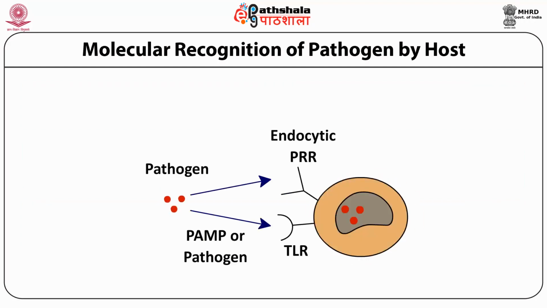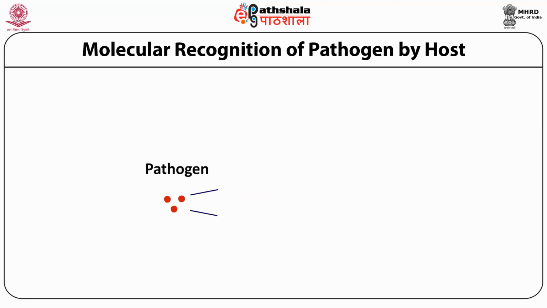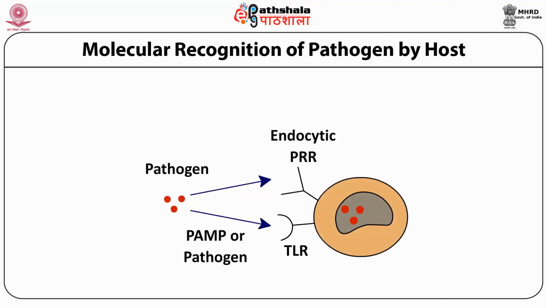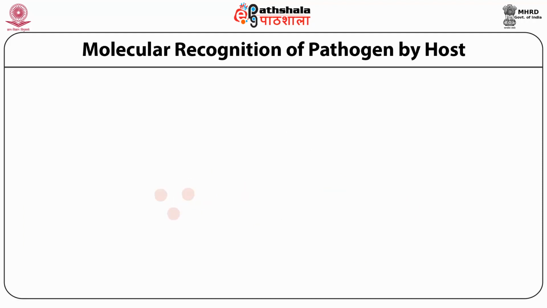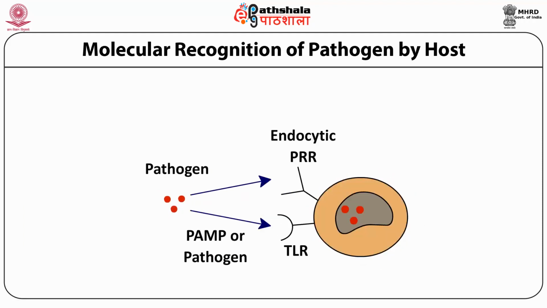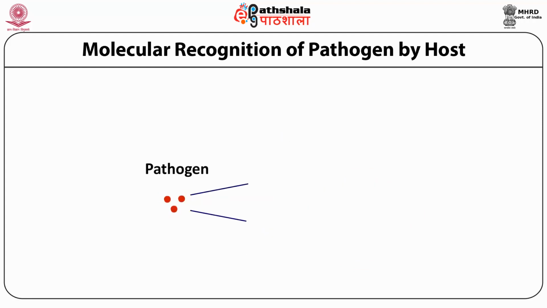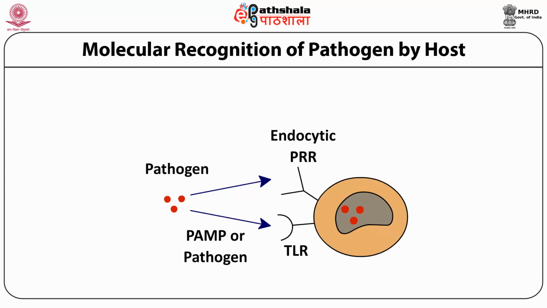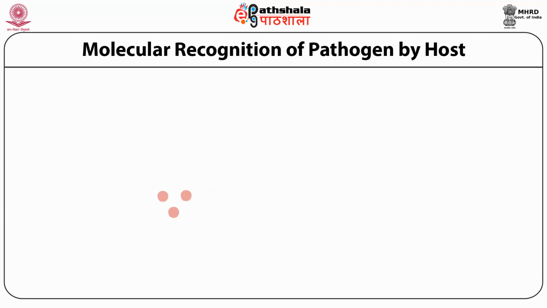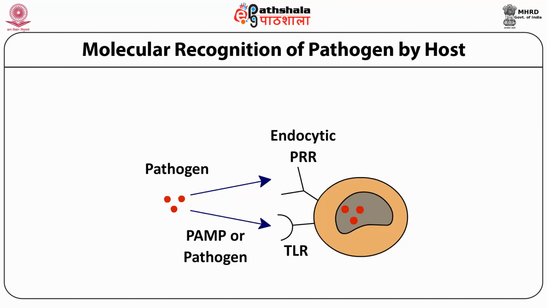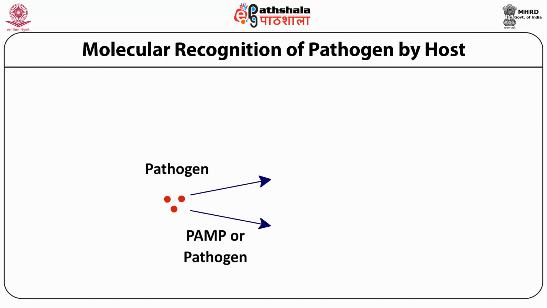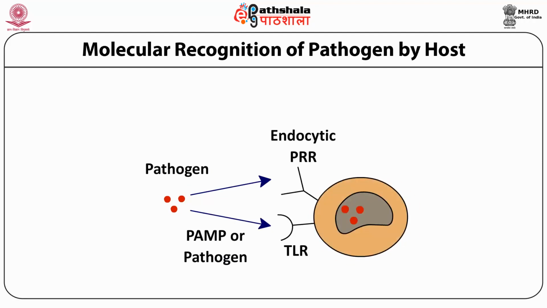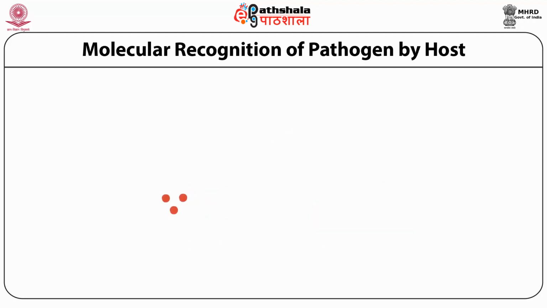In the various hosts, pathogens are recognized through PAMPs, the pathogen associated molecular patterns. The receptors for these PAMPs are present on host cells, like toll-like receptors, or sometimes present intracellularly, and are called endocytic pathogen receptors in the endosomes of the cells.